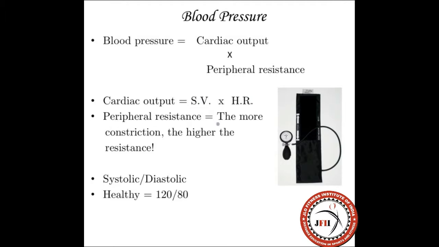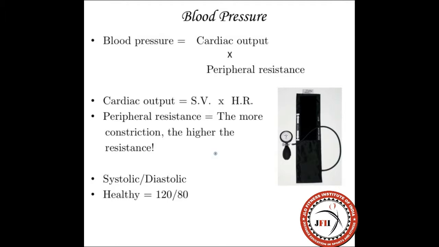And peripheral resistance has to do with how narrow are the blood vessels that the blood is being shot through. The more constriction, the tinier we make the blood vessel, the more the resistance. Think about a hose. If you have a hose and water is coming out and you want the water to come out a lot faster, you put your thumb or finger in front of the opening and you make that opening smaller, and then it goes out at a higher velocity.